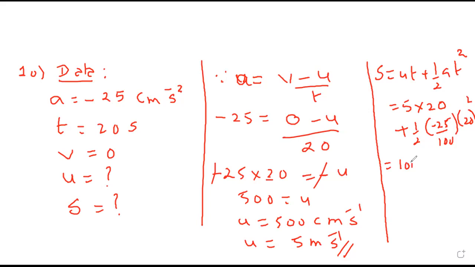So this is 100 minus of 25 into 20 square is 400, 2 into 100 is 200. So 200 into 2, that is 100 minus 50 equals to 50 meter. Distance covered 50 meter, initial velocity 5.